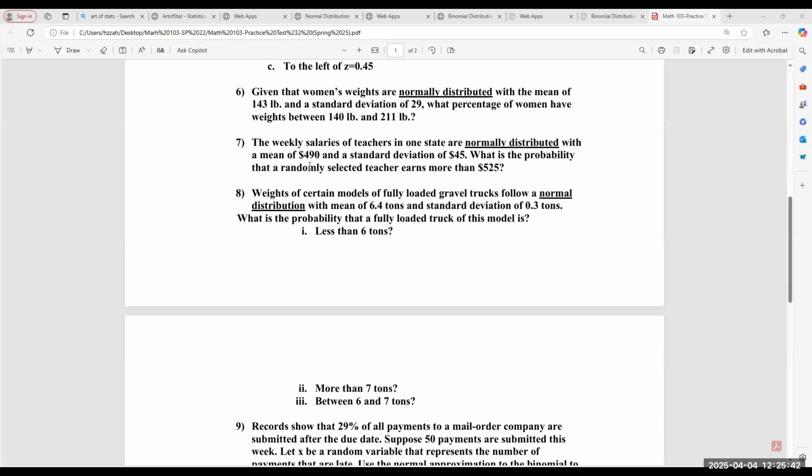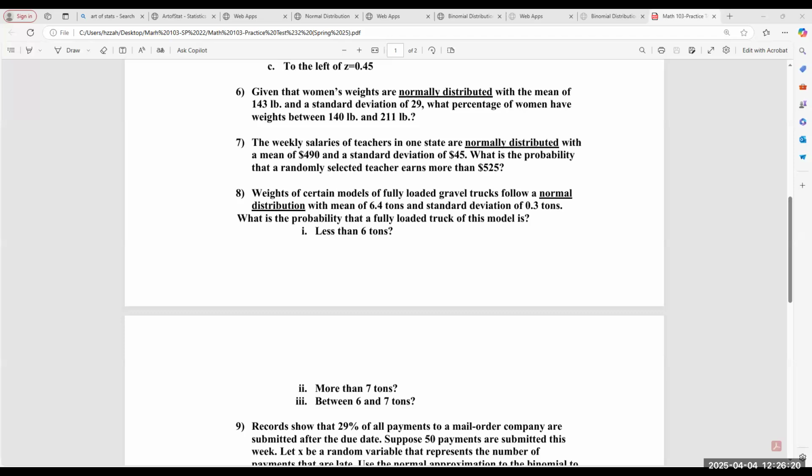Okay, number 7 is about teacher salaries, normal distribution. You have the mean of 490 in this case. Okay, we're just going to use that table right away.